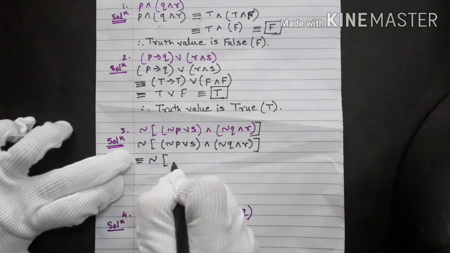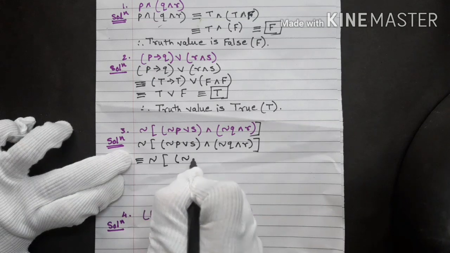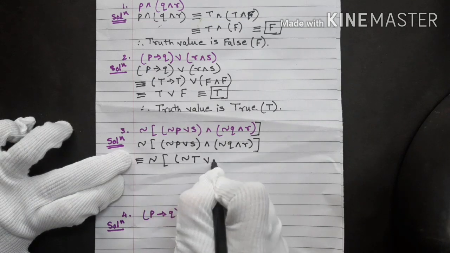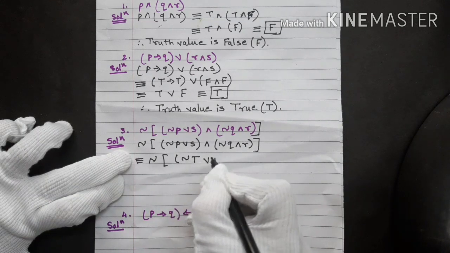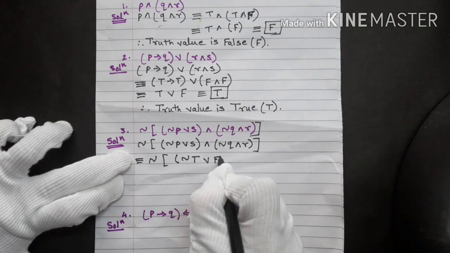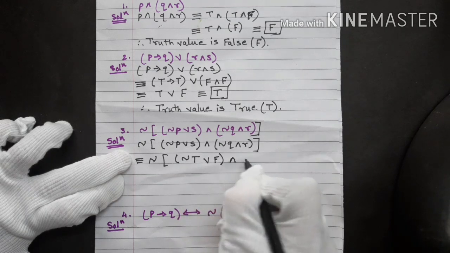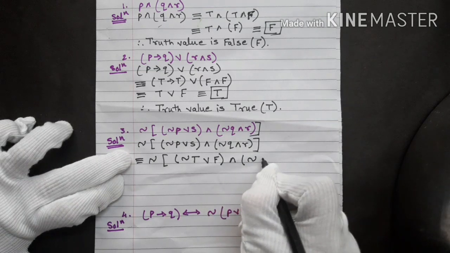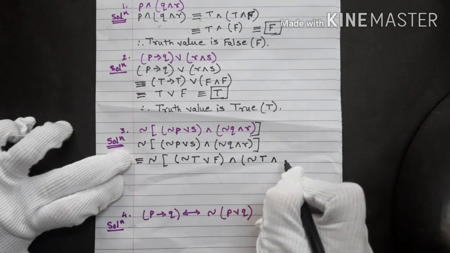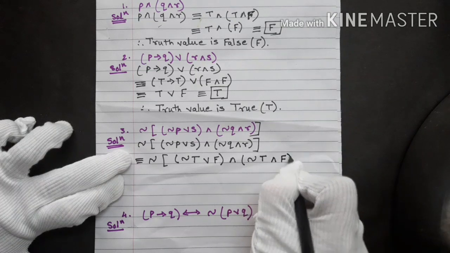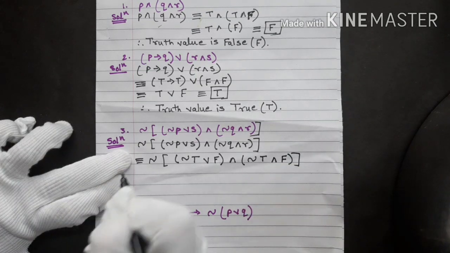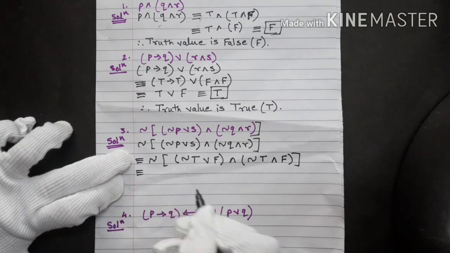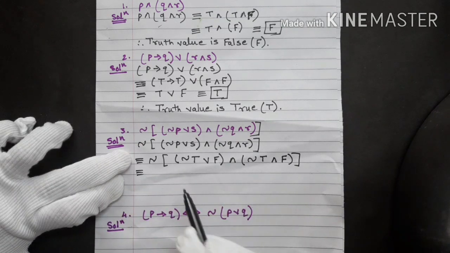So you get T or S is false and negation Q is true, R is again false. Okay. So as I said, we have to solve the innermost brackets first.